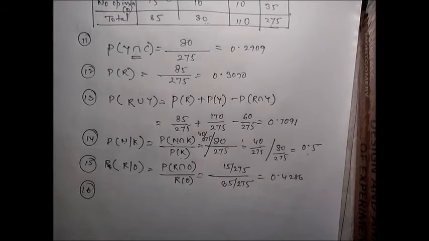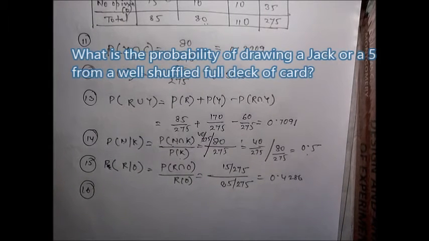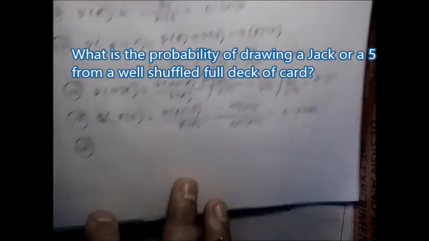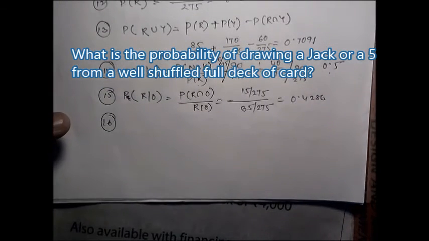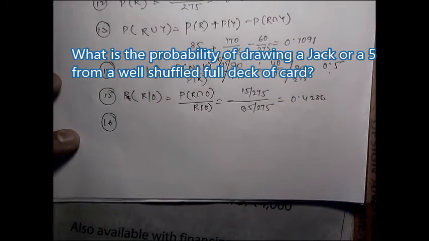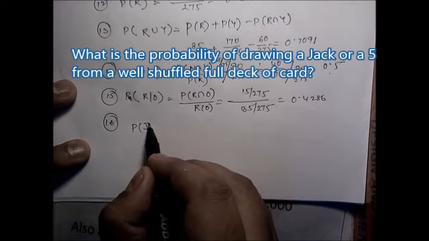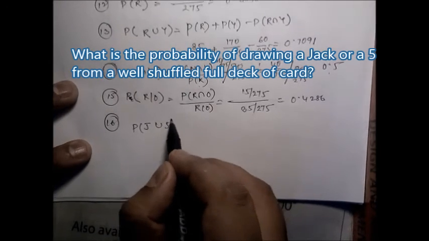Next, what is the probability of drawing a jack or a 5 from a well shuffled full deck of cards? This is the second type of problem.